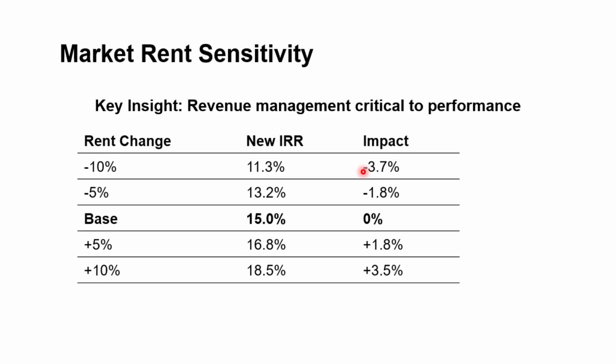Conversely, a 10% rent increase pushes IRR to 18.5%, adding 3.5 percentage points. The asymmetric impact reflects the mathematics of percentage change, right?